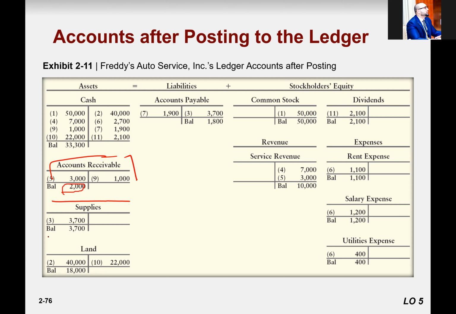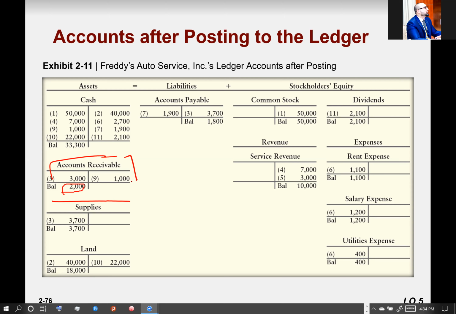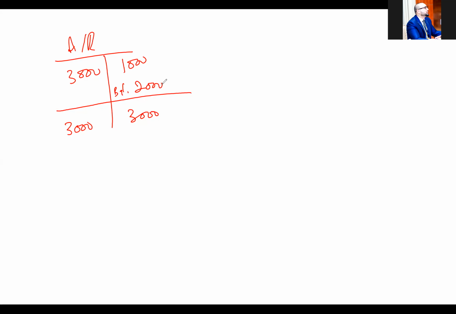But you see here what we have discussed up till now, the balance is 2000, but on the credit side, right? So in accounting, how we write it down? Now pay very close attention to this one. So in accounting, after posting, how we find out the balance?